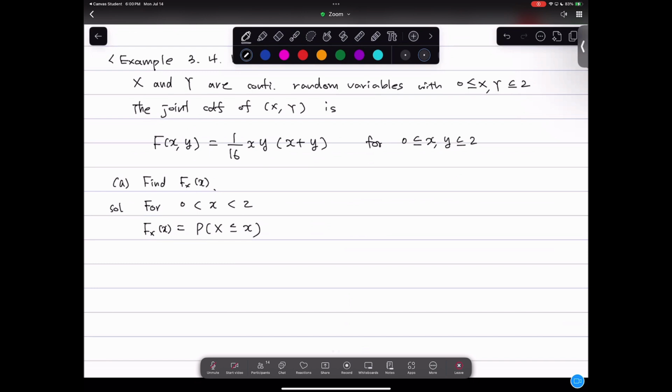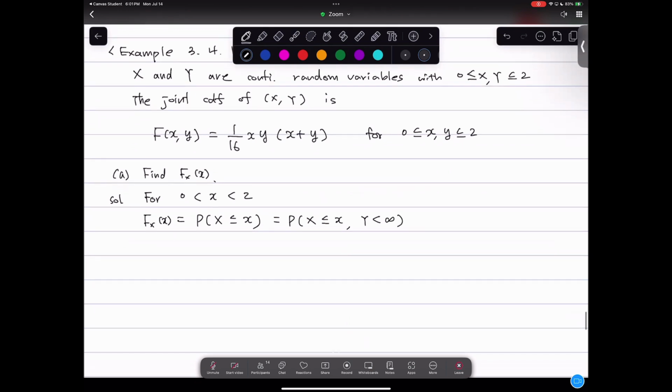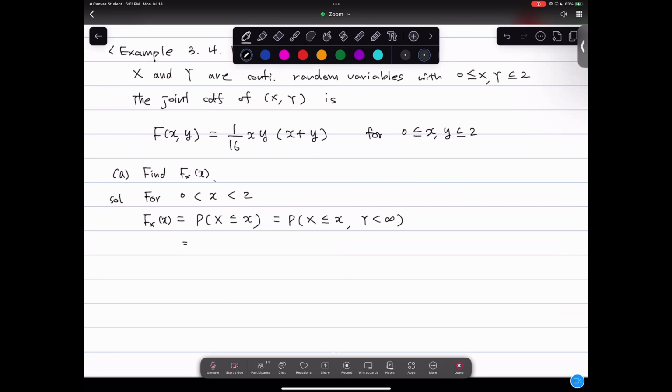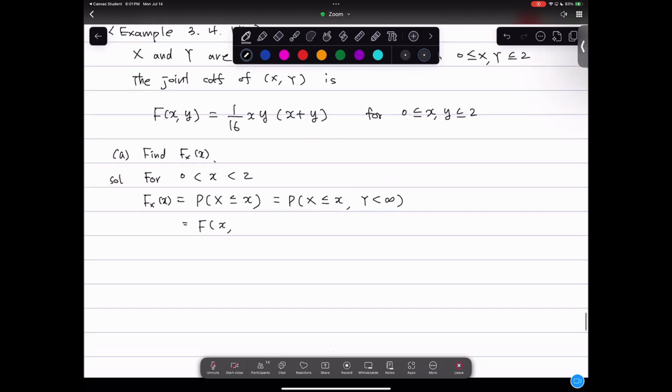If you think of it as the probability that x is less than or equal to the number x, but y can be anything, think of it as y being less than infinity. Any y value satisfies this. Because of this, we can think of it as a joint CDF, x up to some number x, and y all the way to infinity. That's how I did it: the limit of that joint CDF.